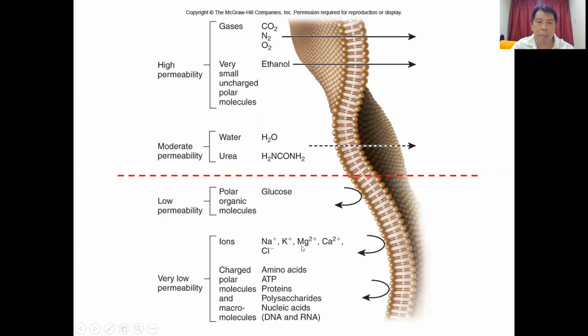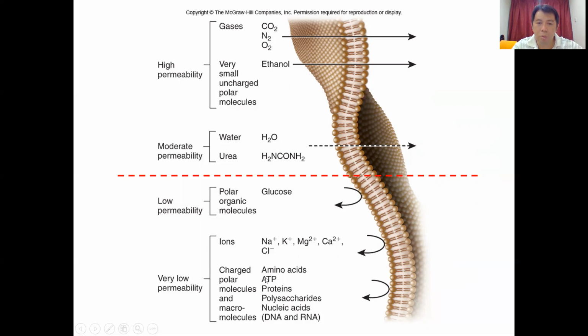From here we can see that gases and small, uncharged polar molecules, for example water, ethanol, and urea, can pass through the phospholipid bilayer without any transport proteins.